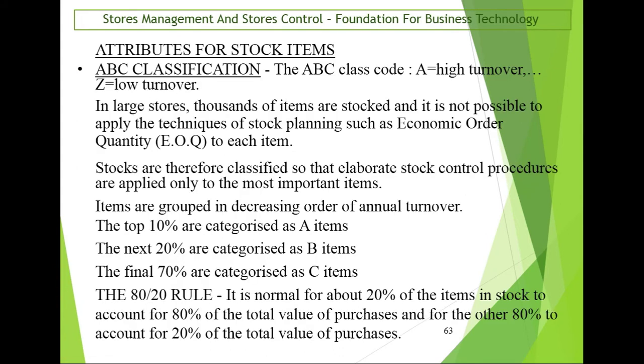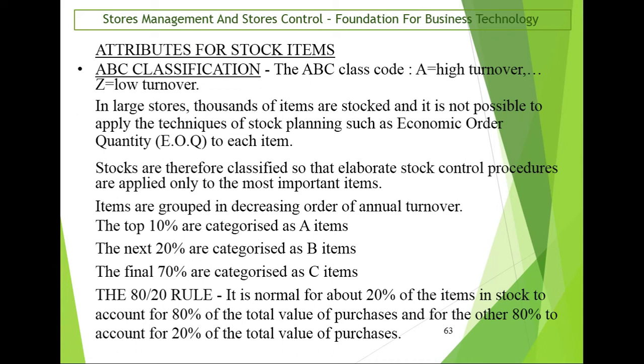We also have what we call ABC classification, that is to do with turnover. When we're talking about the key performance indicators, the first one we mentioned was the stock turnover, and we said it is the number of times that we have to reorder and replace the items because they are being bought or because they are being used.